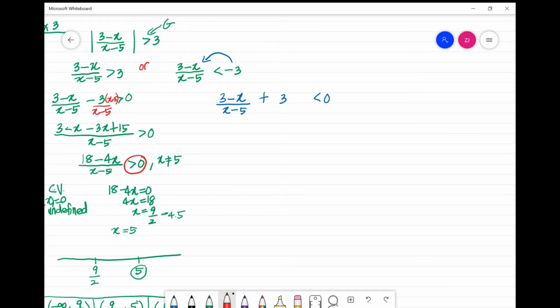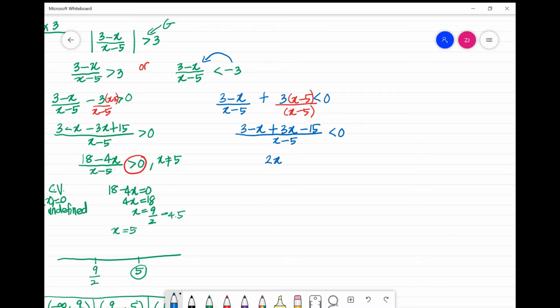So we equalize the denominator. Then we expand the bracket, so we will get 3 minus x plus 3x minus 15 divided by x minus 5 less than 0. Then we simplify the expressions.